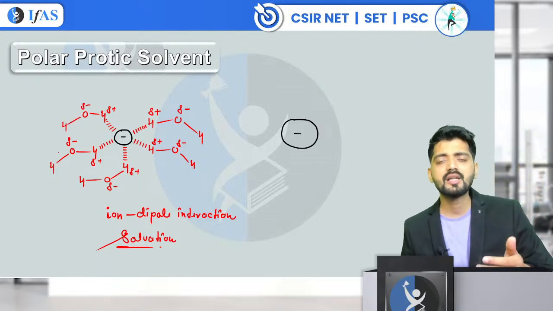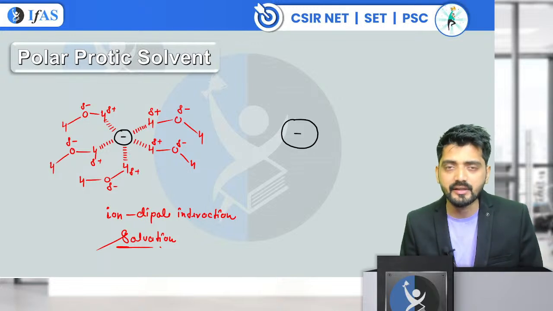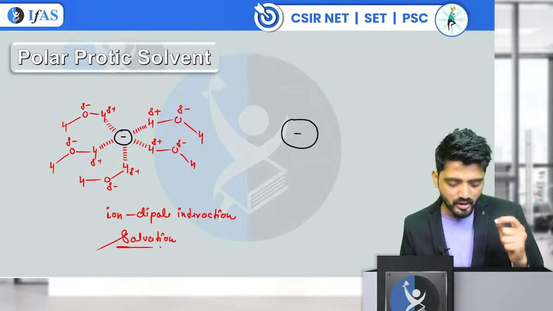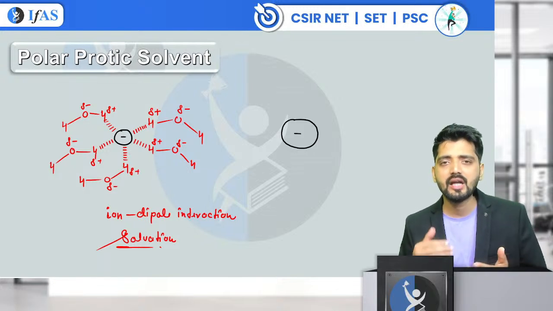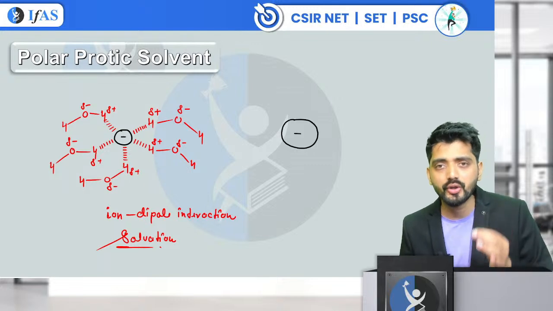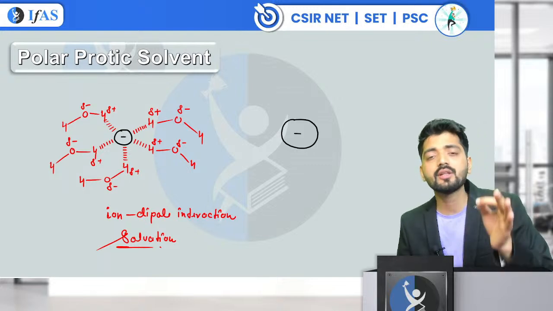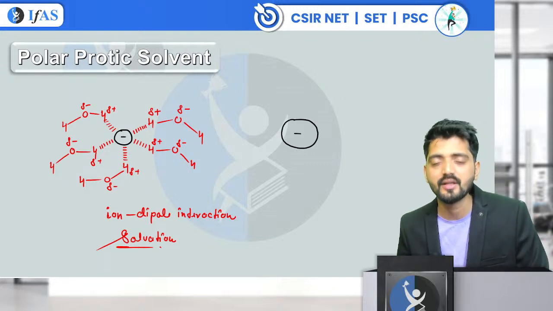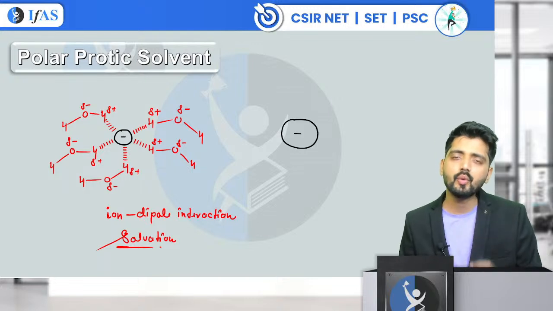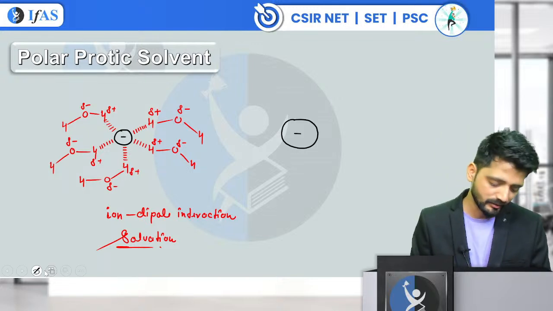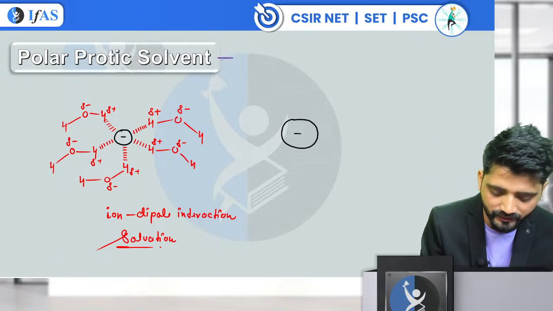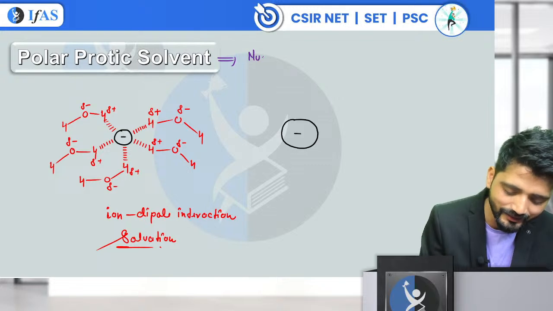And if your anion is gaining some stability because of this solvation factor, then of course its nucleophilicity is going to decrease. So in a polar protic solvent, always remember the nucleophilicity of the anion decreases.